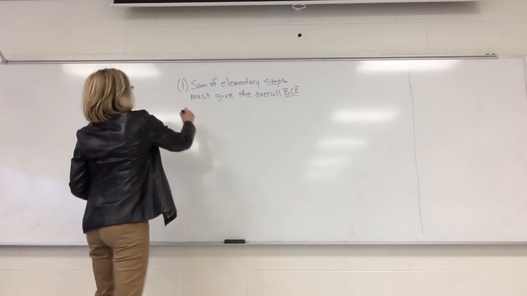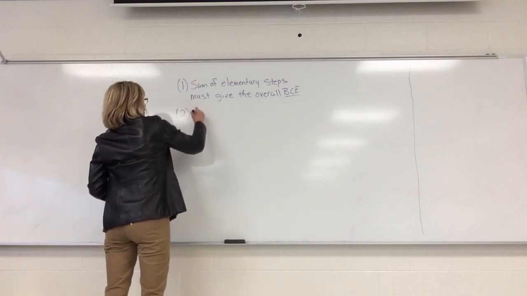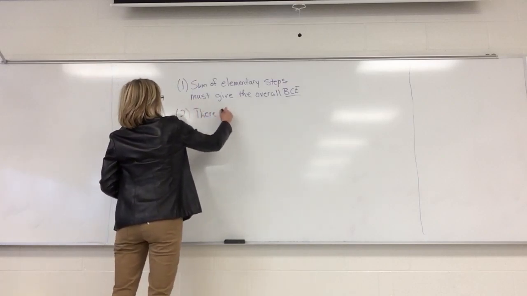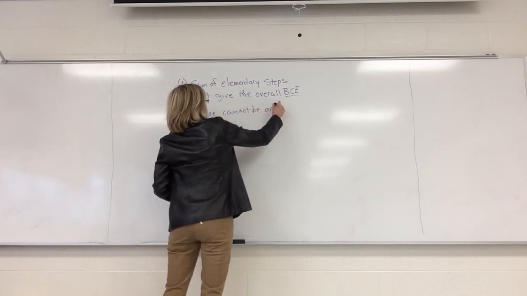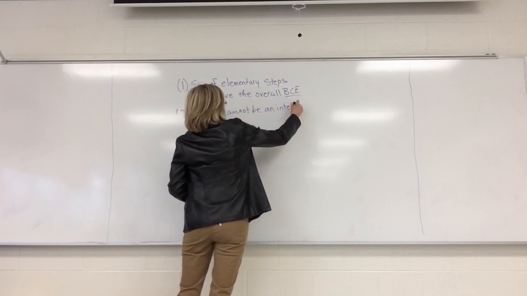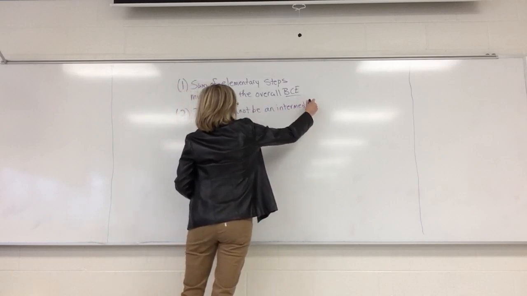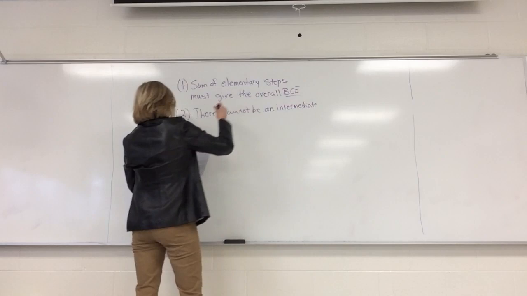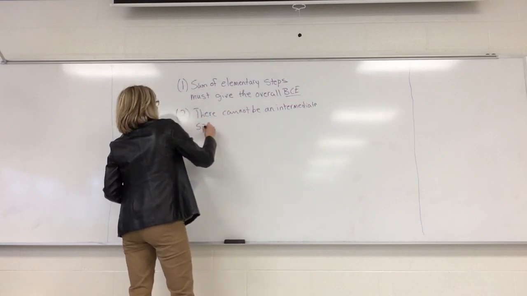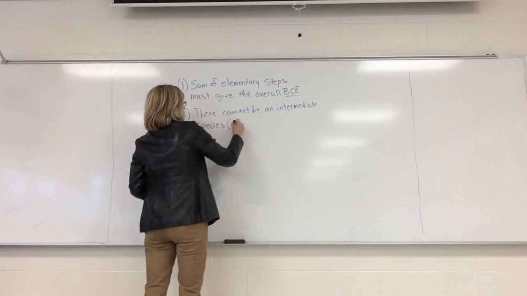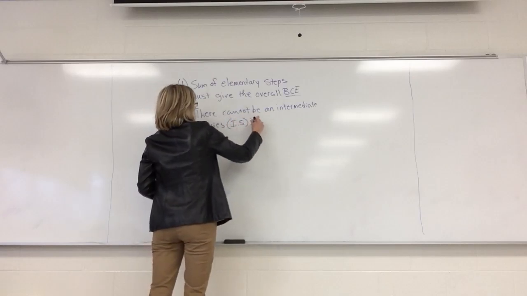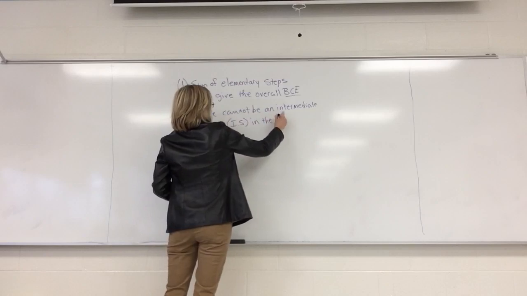Second, there cannot be an intermediate species, which we'll abbreviate IS, in the rate law.